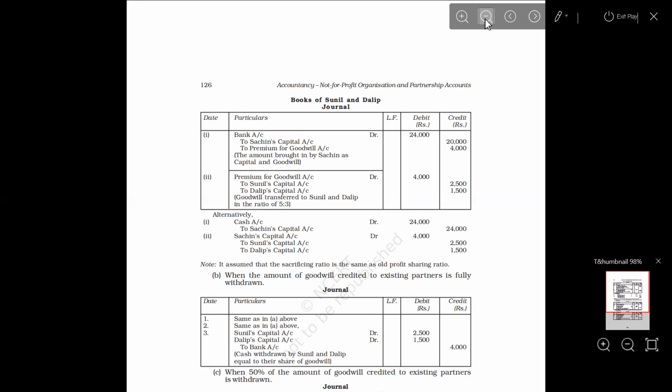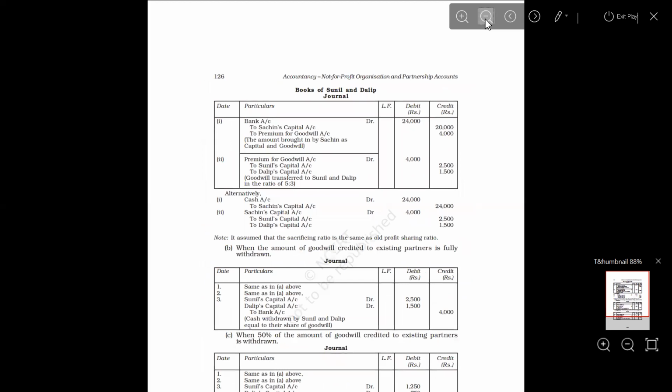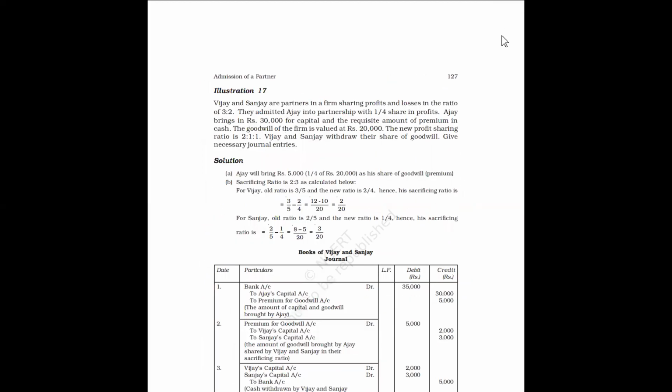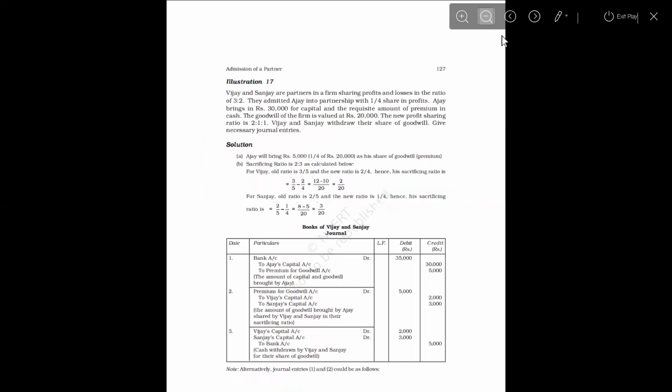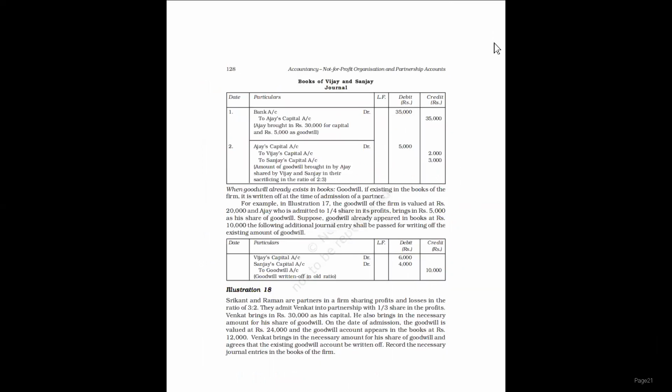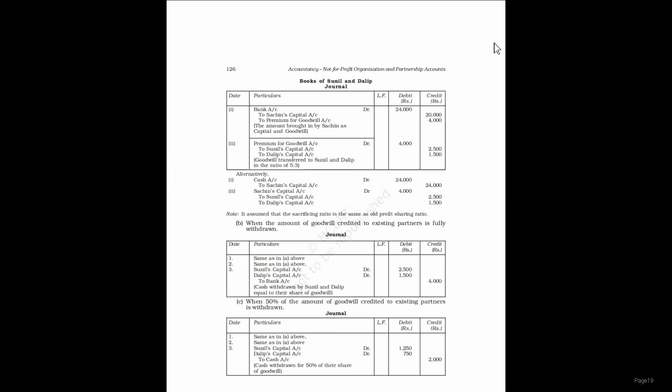Condition C, when 50% of the amount of goodwill credited to the existing partners, half the amount, they are going to take. Yes, half the amount they are going to take.